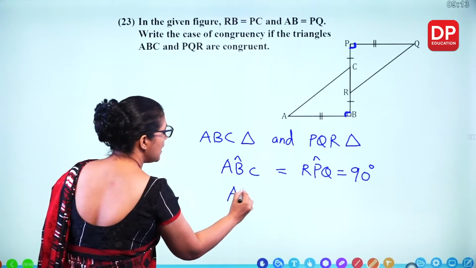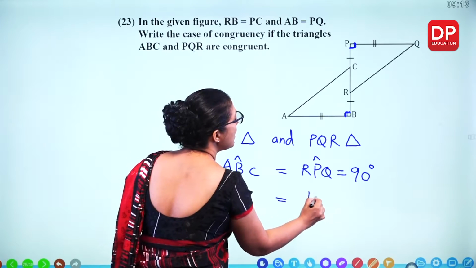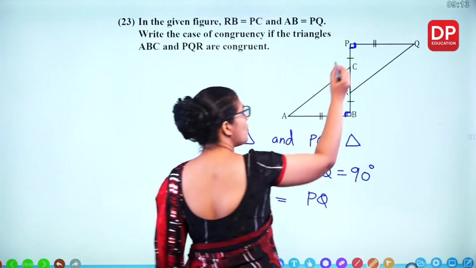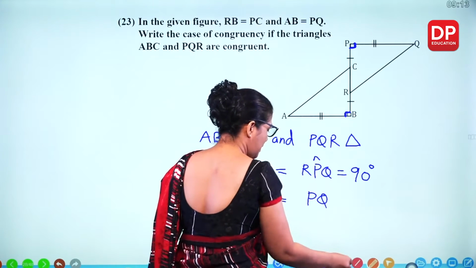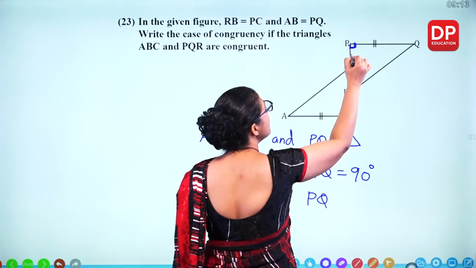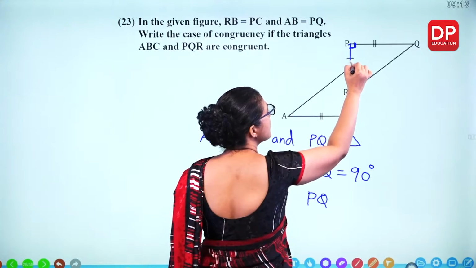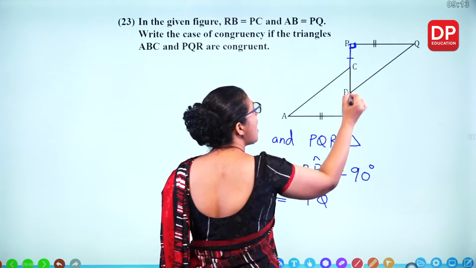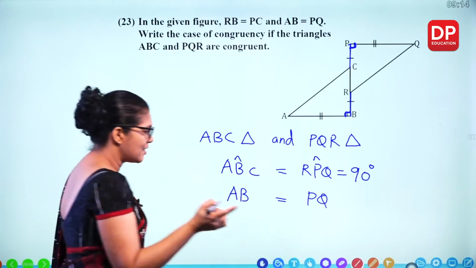AB is equal to PQ. That's given. Now look at this one. This length, I'll take the ruler. This length is equal. This length. I am adding RC to both sides. So what happens?